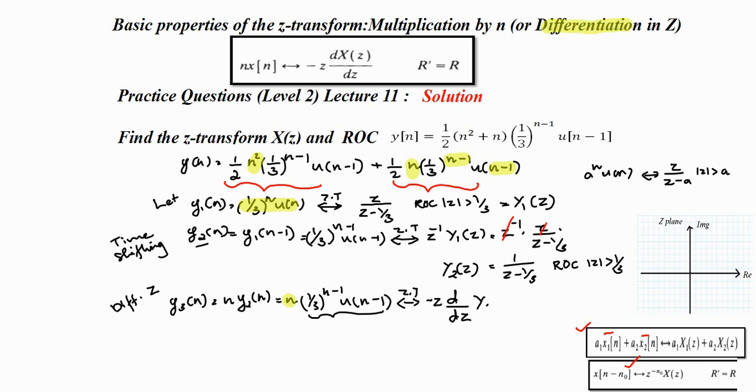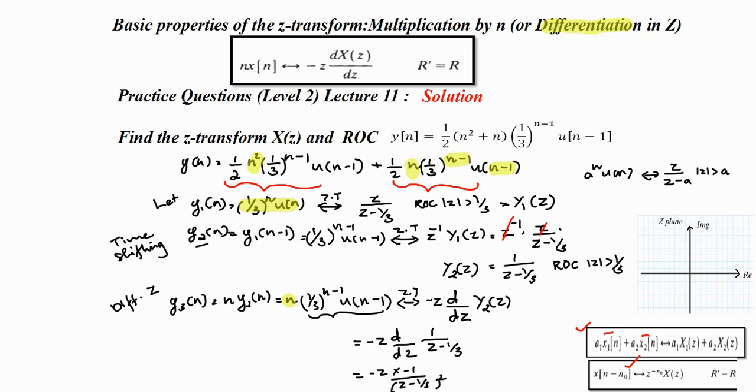This much portion is known as y2, and the transform is y2 of z, so we can write y2 of z. After rearranging this you will get minus z d by dz of y2 of z, which is 1 by z minus 1 by 3, and it becomes minus z into minus 1 by z minus 1 by 3 the whole square.